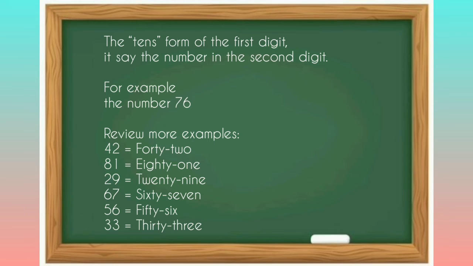All you have to do is combine vocabulary. You simply say the tens from the first digit and then say the number in the second digit.